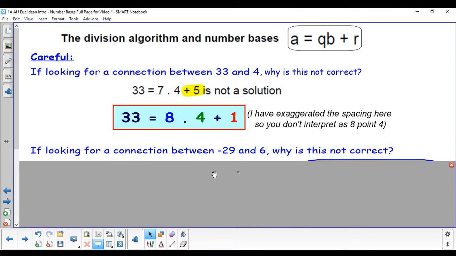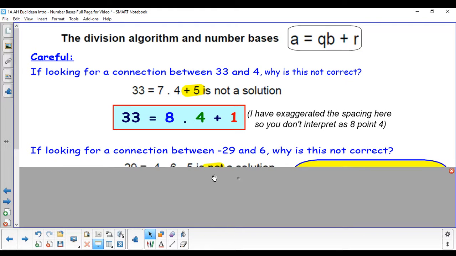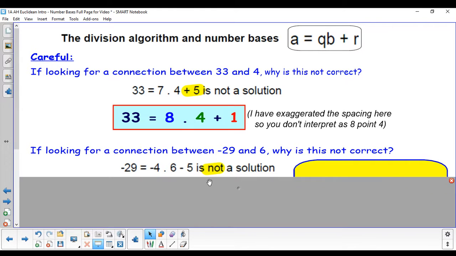If looking for a connection between minus 29 and 6, why is this one not right? So we've said minus 4 times 6 is minus 24, and then add 5 more. It's not a solution because you're not allowed a negative here. So how would you get that answer?